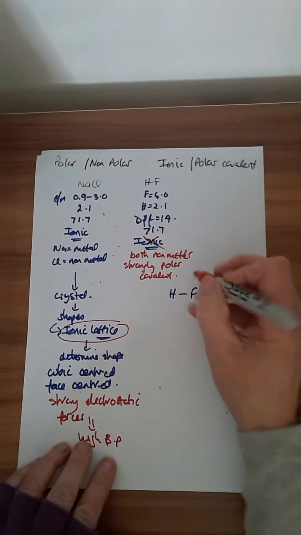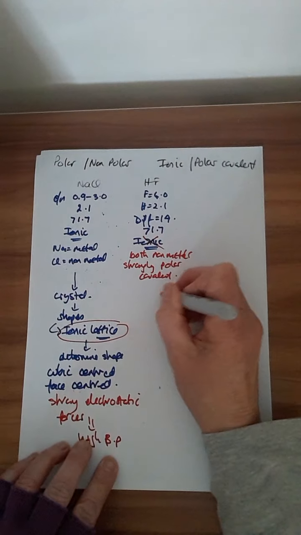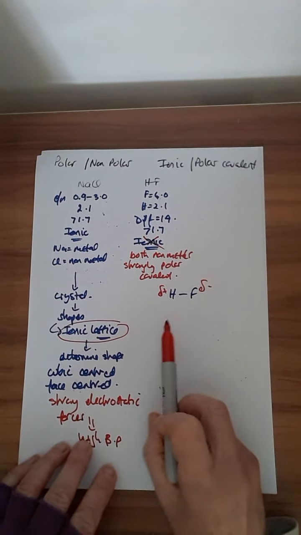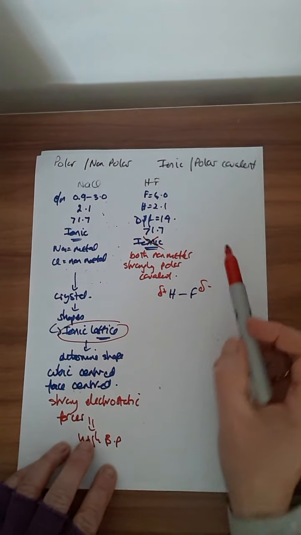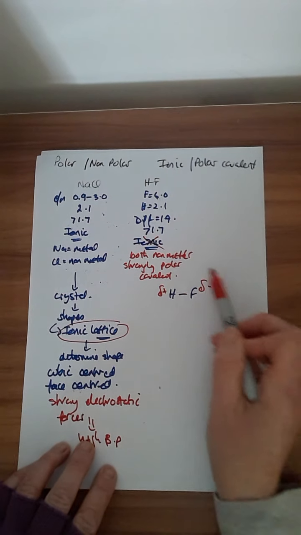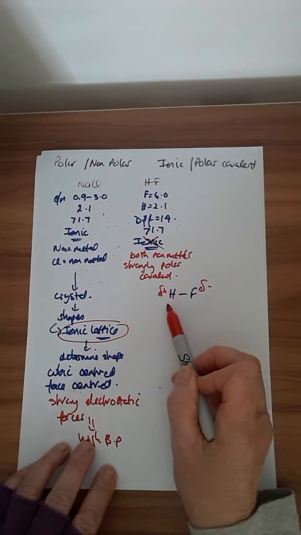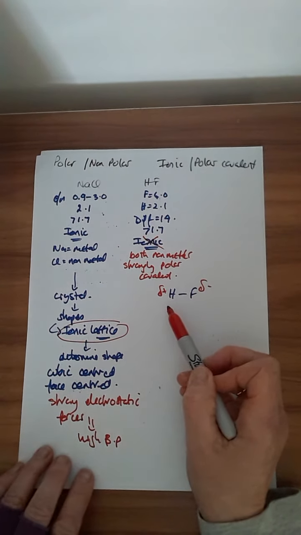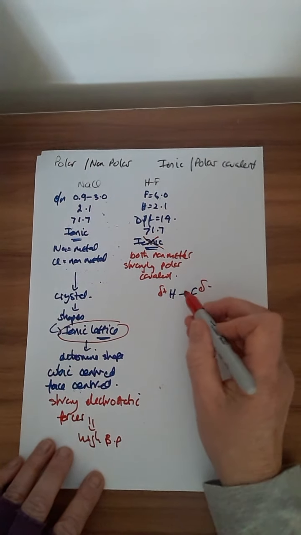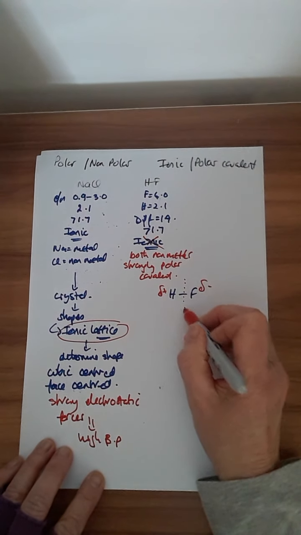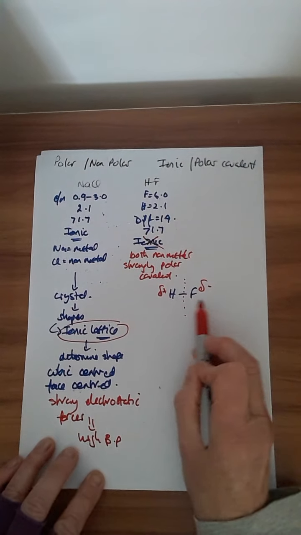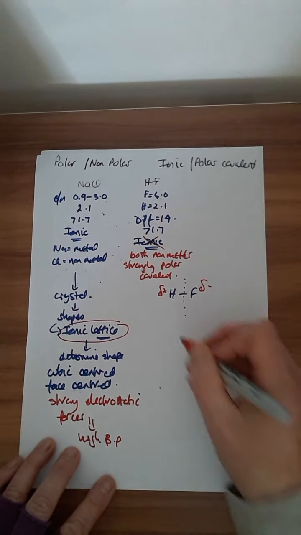Fluorine pulls all the electrons over, and hydrogen ends up slightly positive. So this area here is electron rich and this is electron poor, or electron deficient. So we have centres of positive and negative charge separated from each other.